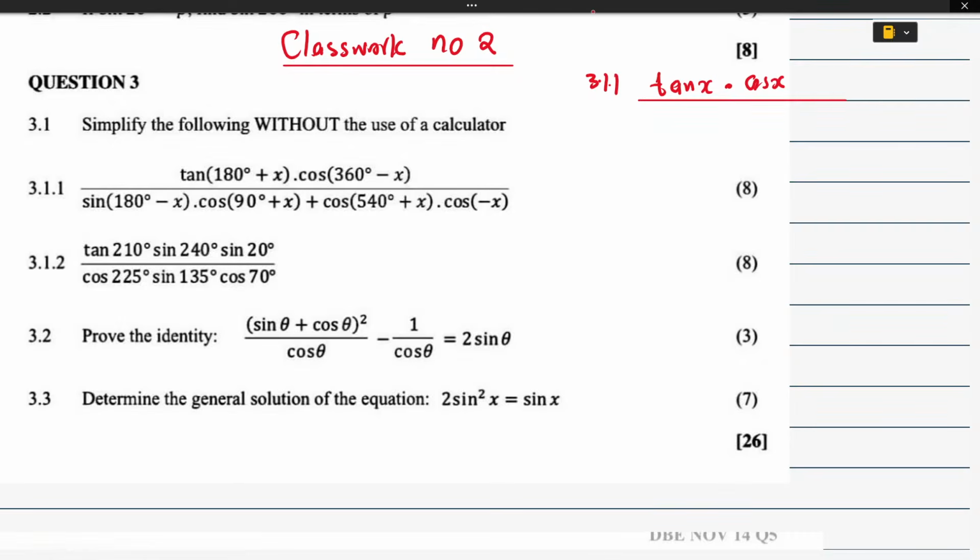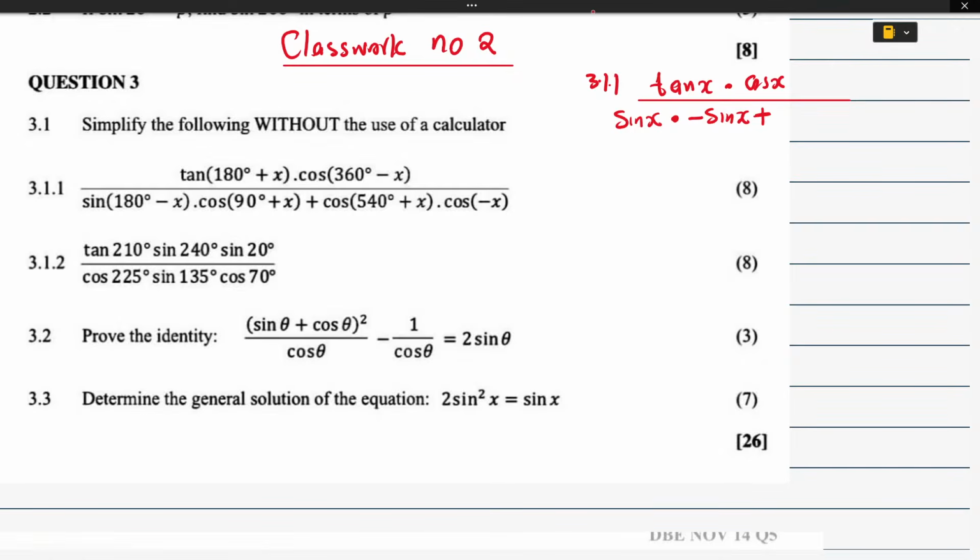I hope we are together on that one. Sine (180 minus x) is in the second quadrant, that is sine x, multiplied by cos (90 plus x), which is in the second quadrant, that is negative sine x. Check your calculator, even if you press, you will see the sign. Then you say plus.